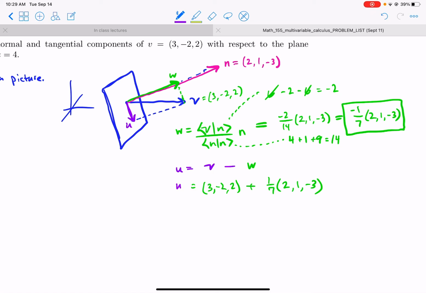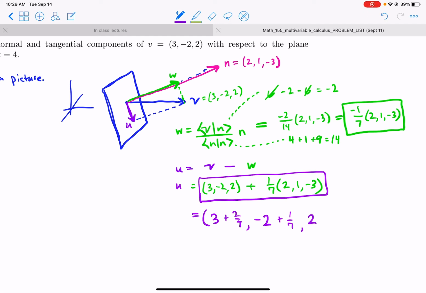This right here is the purple. And I'm okay if you leave them like that. Obviously, we could expand out the purple and say this is (3 + 2/7, -2 + 1/7, 2 - 3/7). And I don't think this is really better.